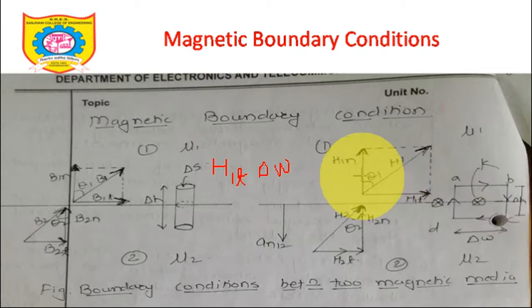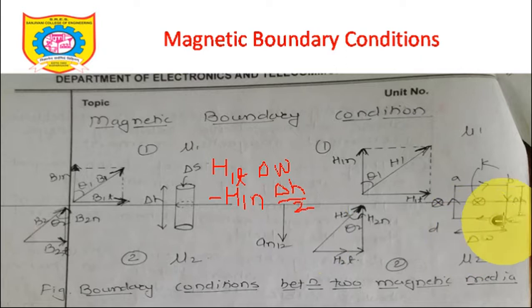H1n is going upward, and while traveling from B to C we are going downward, so we must take minus H1n into what? We need to consider half of the length. We cannot consider the complete length because in region 1 only half of the length BC exists, so it will be delta h by 2. Is it okay?